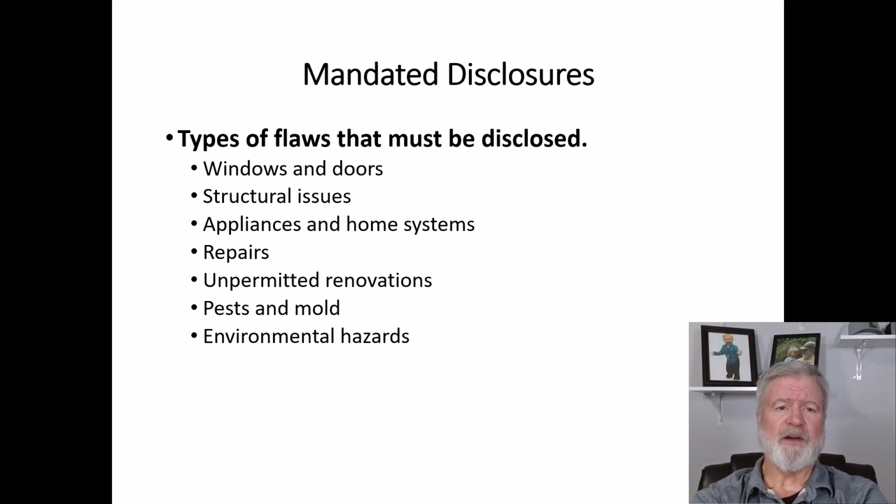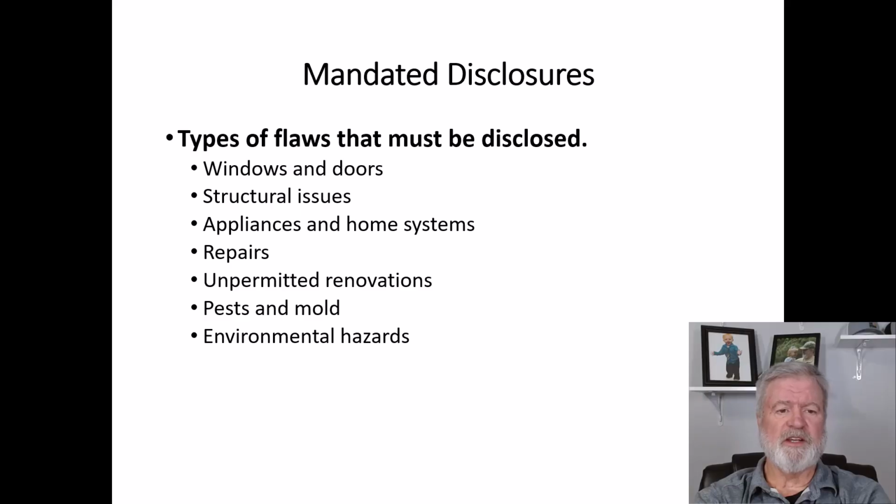A material fact really can be anything that could cause an issue with the property not functioning properly, can't use it the way it was intended to be used, or anything that could cause a loss of value. Could cause the property to depreciate. Those are material facts. Okay.